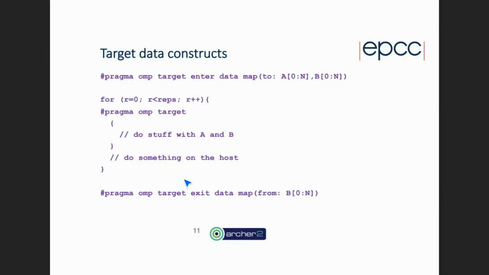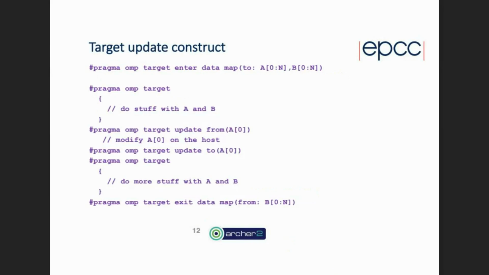And then once you're done, maybe you only need B back again at this point, you can get B back from the device. So it allows you to decouple the data copying from the actual code offloading. And then be using it for updates, for example.